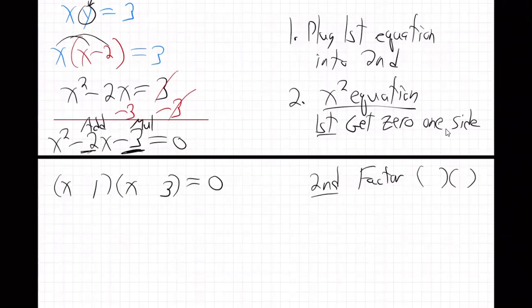They have to add to be negative 2. How can they add to be negative 2? Plus 1 minus 3. Do you see that? Let's check it. The best thing is always checking to make sure. Is that really right? Let's check. If the first one goes to both, we'll get x squared minus 3x.